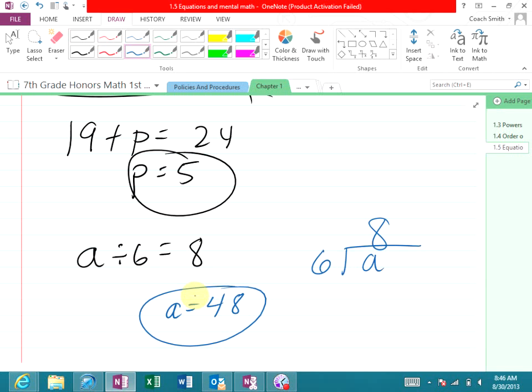Okay? So when you're trying to find the dividend, which is the first number, you multiply the divisor times the quotient. Now, in this problem, let's remind ourselves, the A is the dividend, this is the divisor, that's the quotient, if we're talking in mathematical terms. Dividend, divisor, quotient.